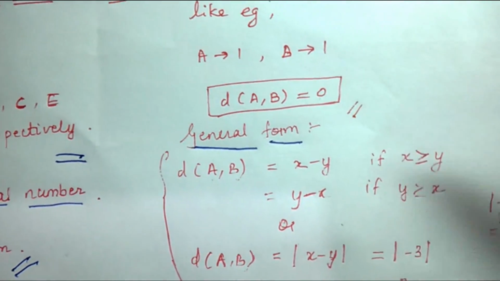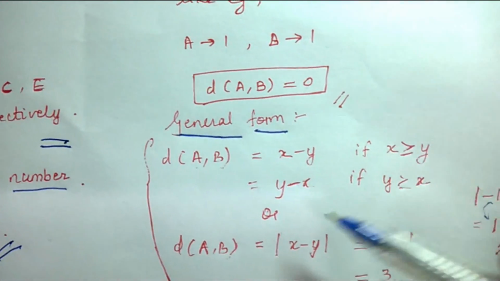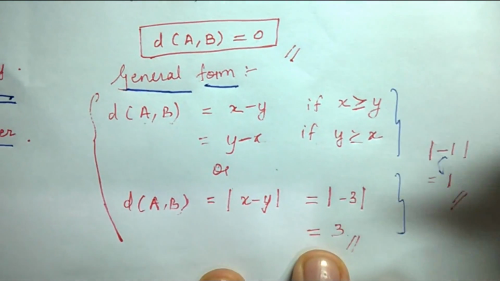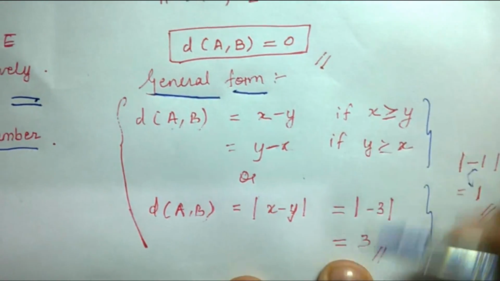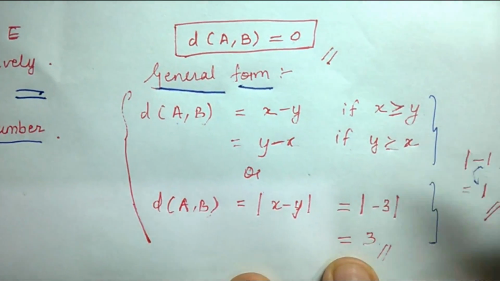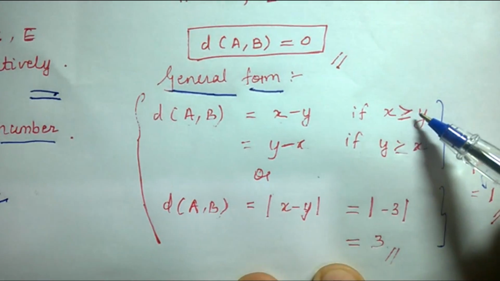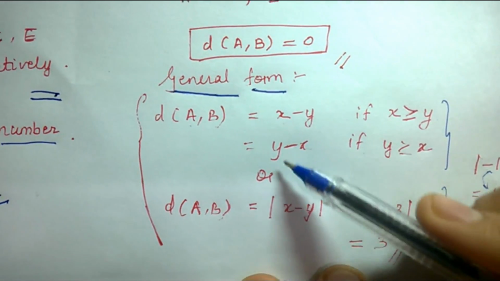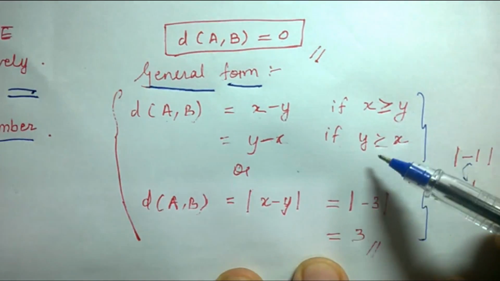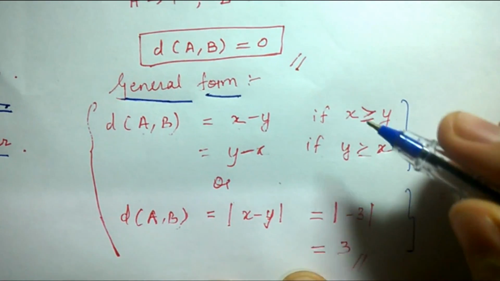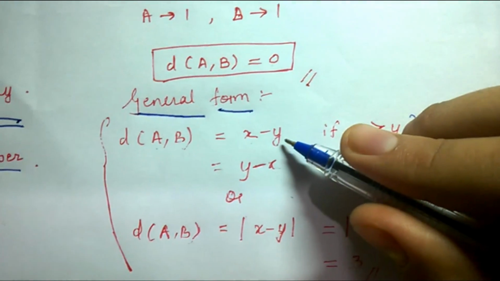In order to find distance, we have a general format here. We can use this one or this, they both mean the same, but that is a different way of representation. Like x minus y if x is greater than or equal to y, or y minus x if y is greater than or equal to x. That is, distance between a and b will be bigger minus smaller.